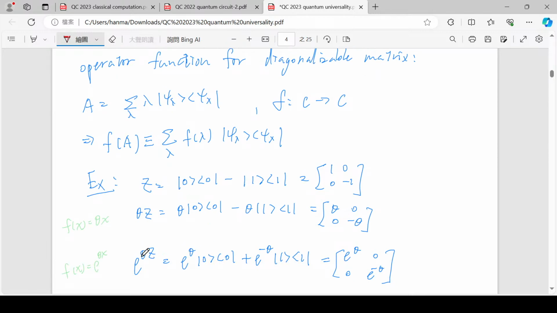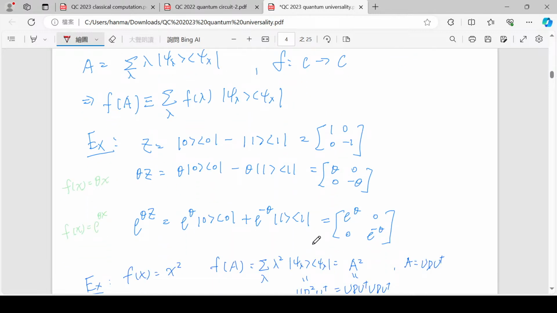So 1 becomes e to the theta, and minus 1 becomes e to the minus theta. Then this matrix is diagonal of e to the theta and e to the minus theta. Any question?